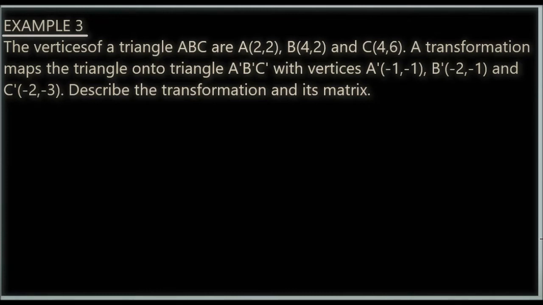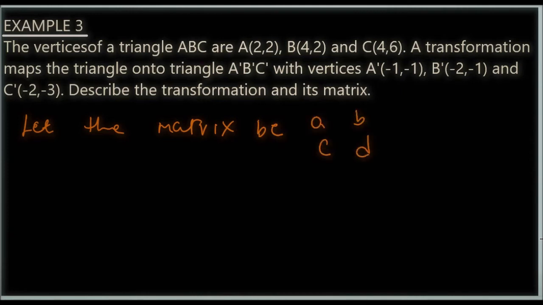But before we go to the grid or to the graph paper, let's first of all find its matrix, the transformation. So we say let the matrix be A, B, C, and D. So what I have said is that if you multiply this matrix by the matrix of the object, you should get the matrix of the image.